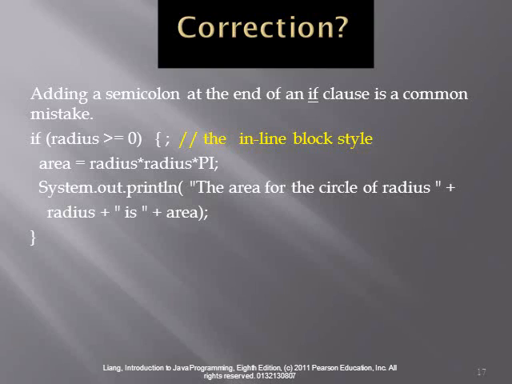No. It simply terminates an empty statement, a statement that does nothing. The logic is good. The radius will be tested to be greater than 0, and if it is, it will compute the area. Dumb mistake, putting that semicolon by itself, but it won't cause any logic errors or any other type of errors.